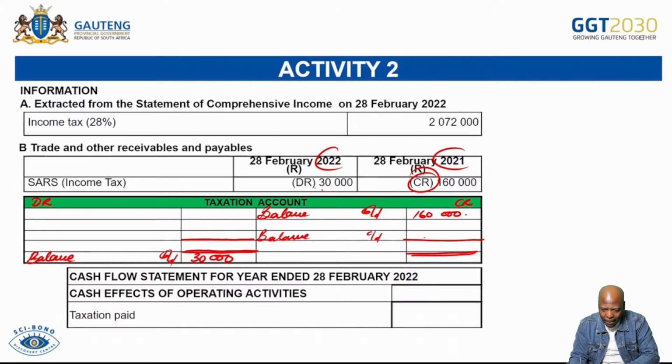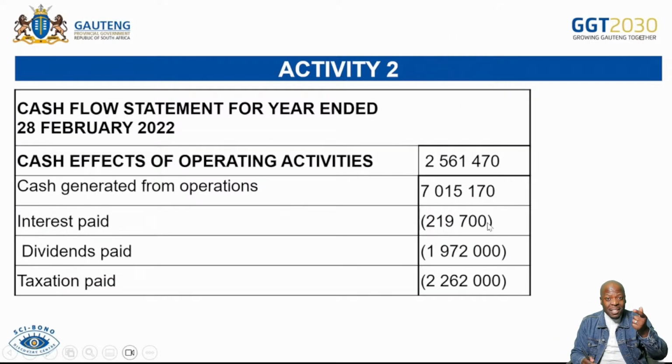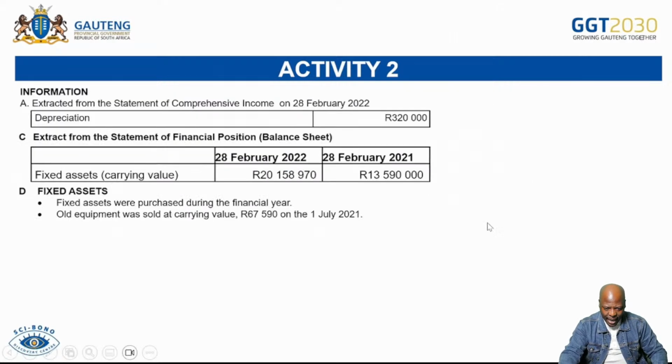The same amount. How much is that? 30,000. Your income tax amount is cast in stone on this side. Immovable. It will always be on the credit side. What can move are the balances. Yes, the balances can move. But your income tax is cast in stone on your credit side.